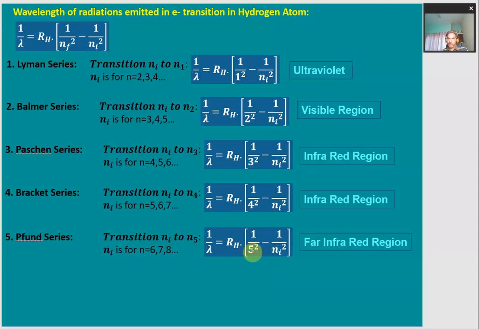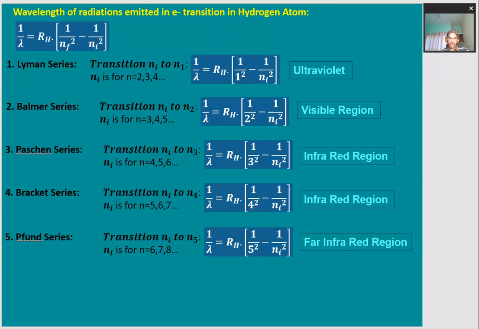We see that the wavelengths fall in the far infrared region, and all these transitions are called the radiations of the Pfund series. So these are the different kinds of radiations emitted in the case of the hydrogen atom. These are the spectral lines, discrete or quantized lines, in the case of hydrogen atoms. Lines means radiations.